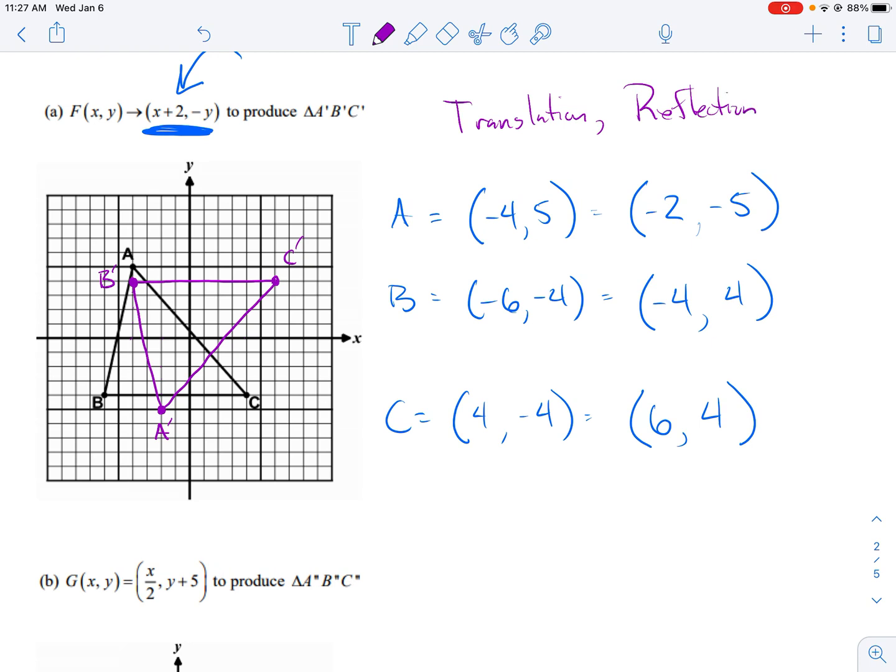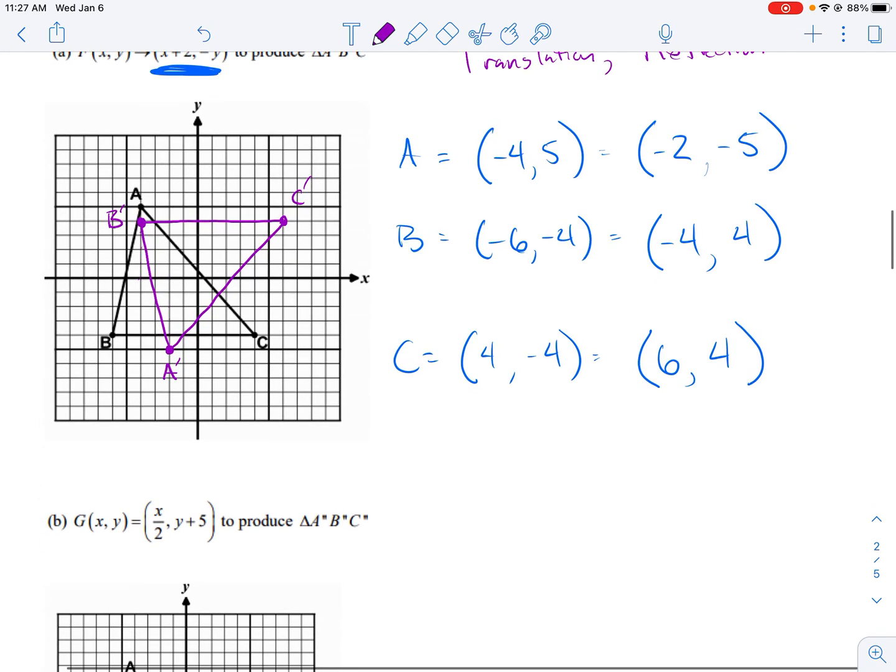We'll get better at distinguishing these, but as you can see, our A, B, and C values got shifted to the right. Everybody got shifted over 2 spots, and then it got flipped over the x-axis.